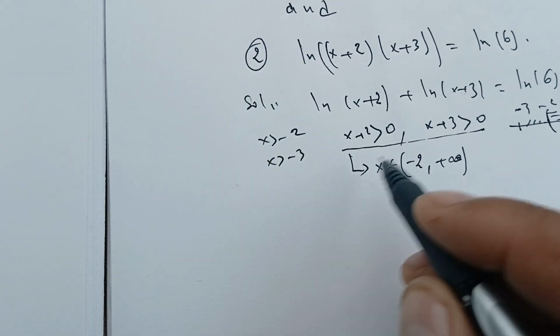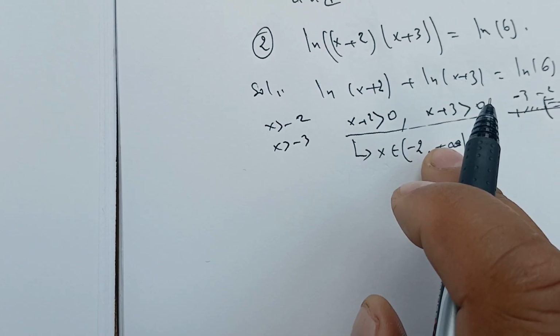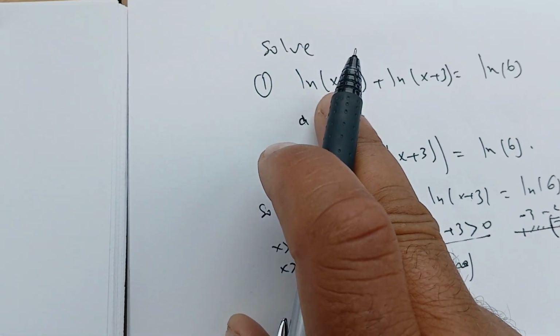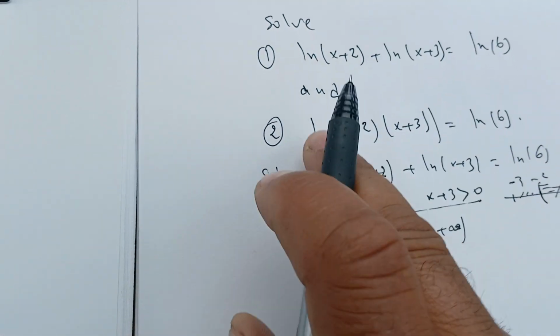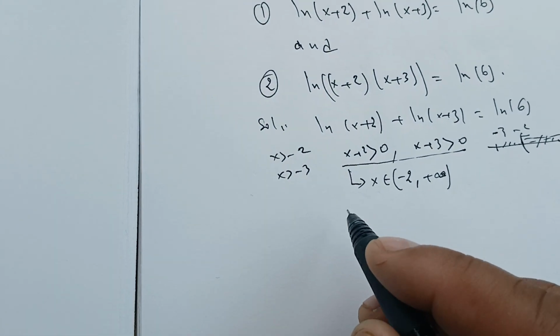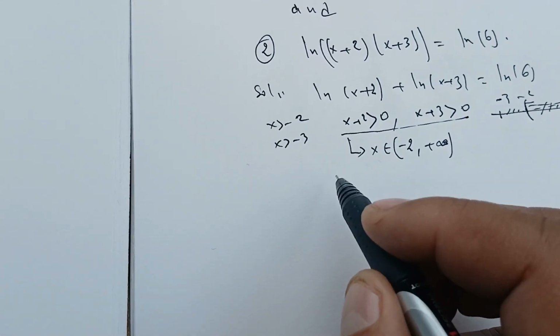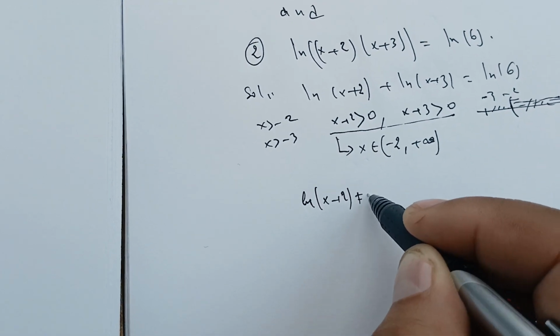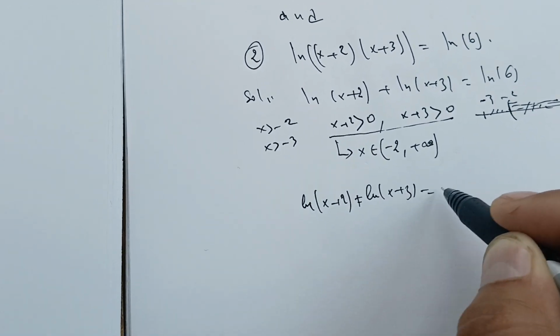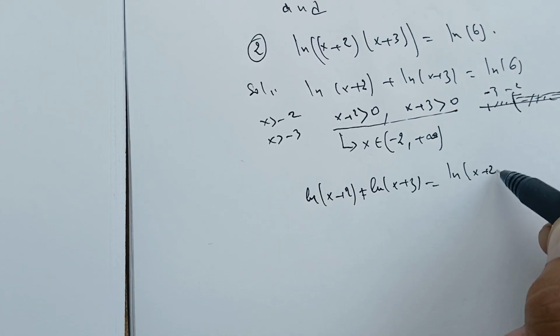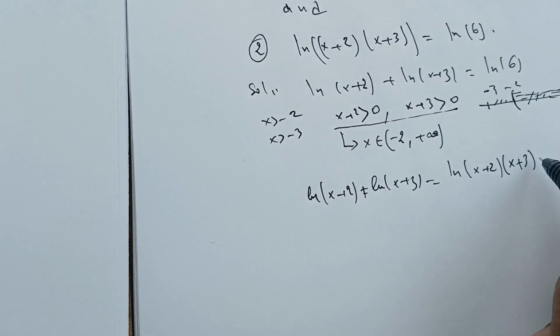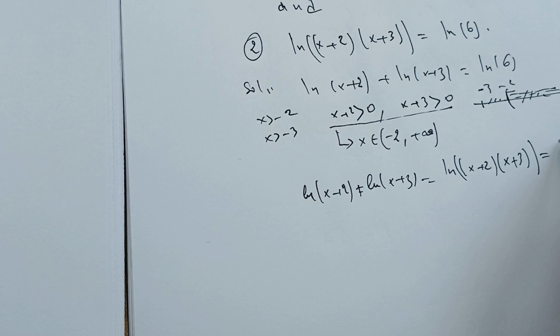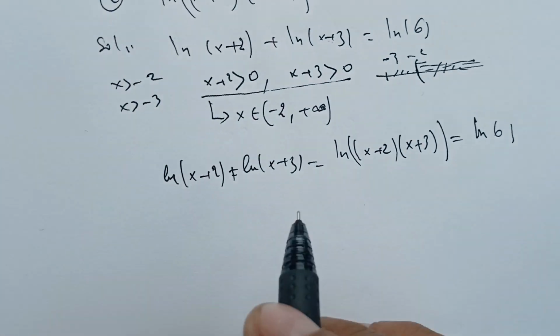Given that we are in this interval, both are positive, so we can multiply: ln of (x plus 2) plus ln of (x plus 3) is equal to ln of (x plus 2) times (x plus 3), and this equals ln of 6.